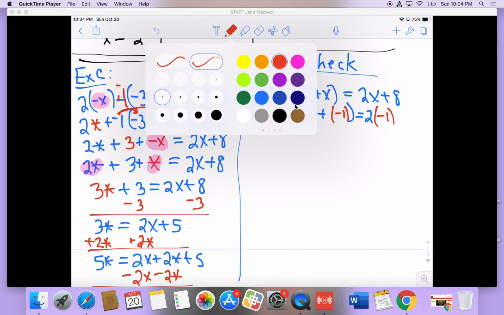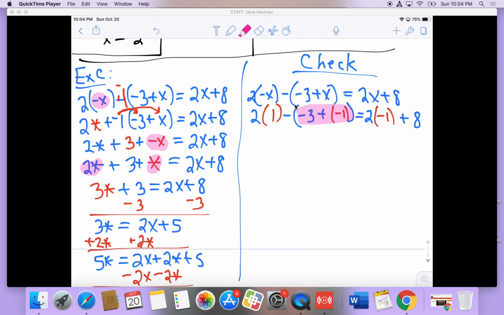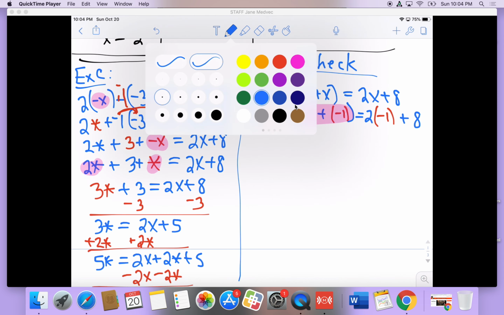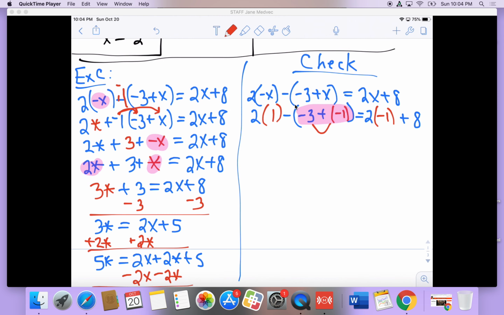Now I'm going to work inside the parentheses right here, because with order of operations, we always do parentheses first. So I end up with a negative 4.